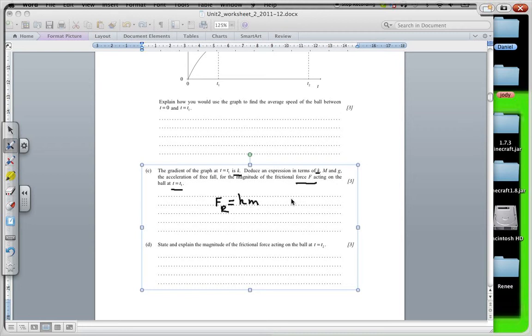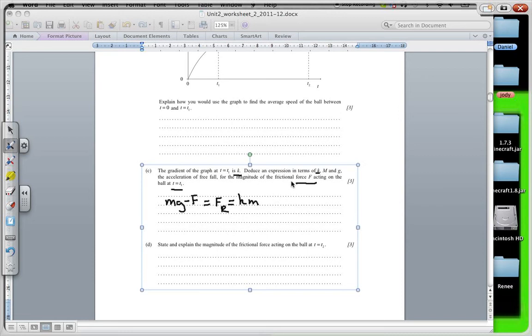Now this resultant force is actually going to be your mg minus your frictional force. That's the resultant force that we have.